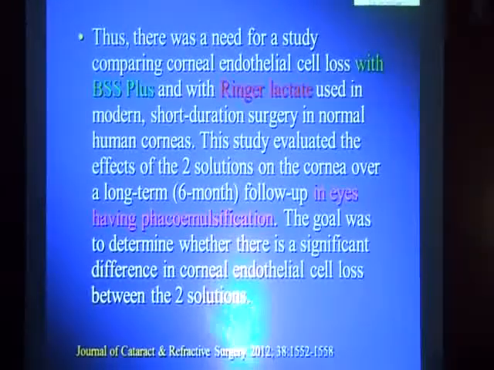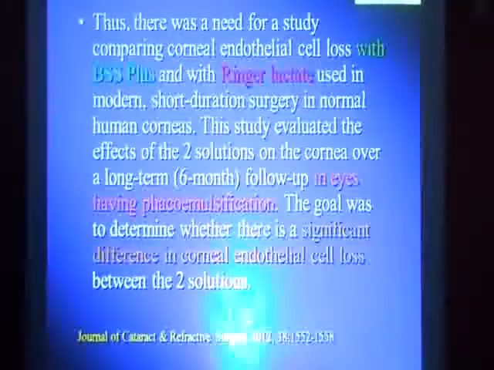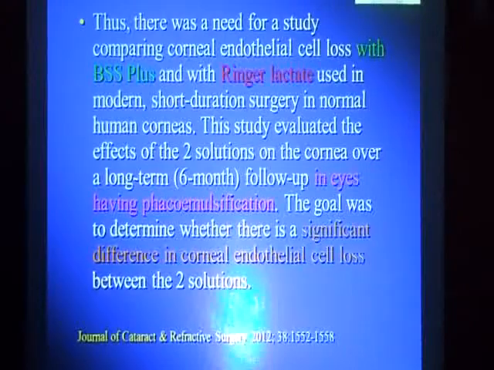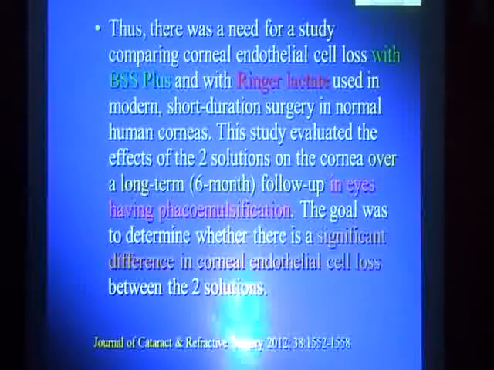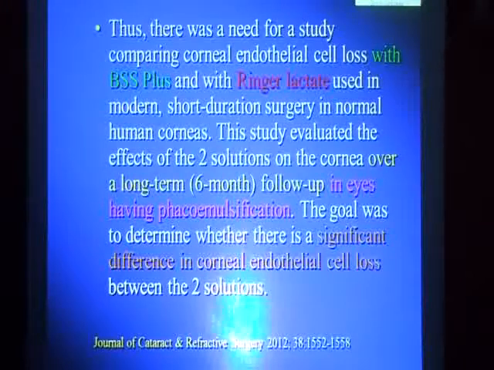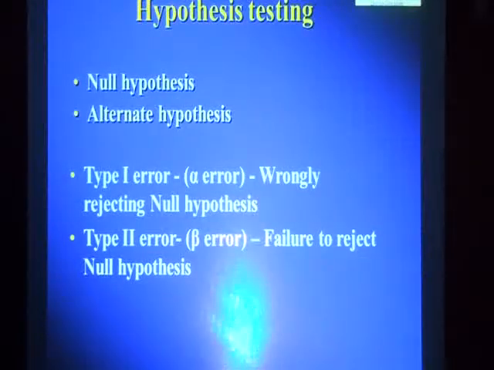O is the outcome measure, which is the endothelial cell count, the significant difference in endothelial cell loss. And finally the time, T in PICOT, the time frame, which is the 6 months period. So you know that all 5 elements are included. If you formulate this kind of research question, probably you are on the right track.